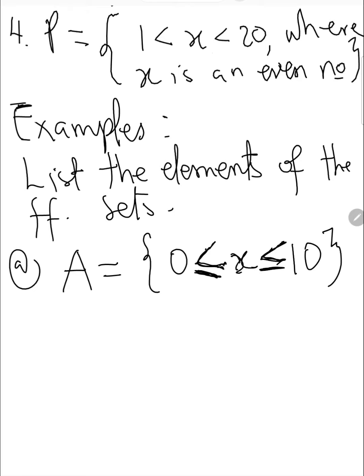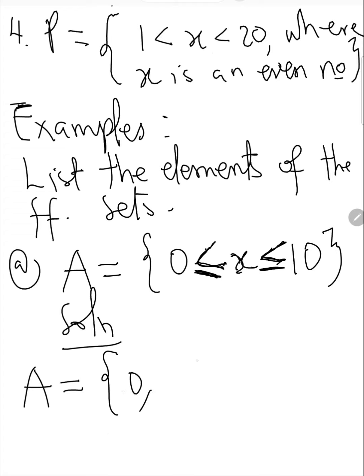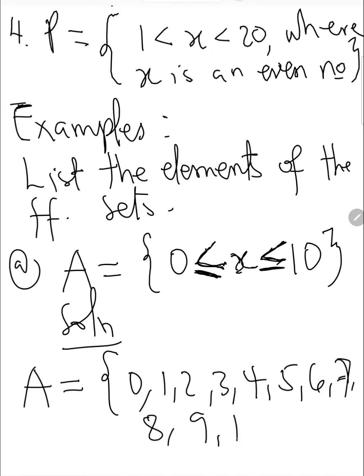So here we are to list the set A. The solution is simple. So A will give us the set. It means 0 is inclusive. Numbers lying between 0 and 10, which are inclusive. So 0, we have 1, 2, 3, 4, 5, 6, 7, 8, 9, and 10.